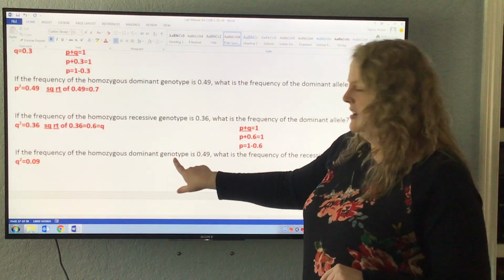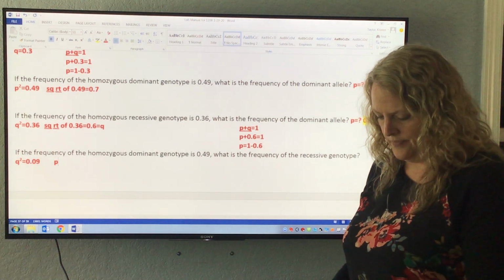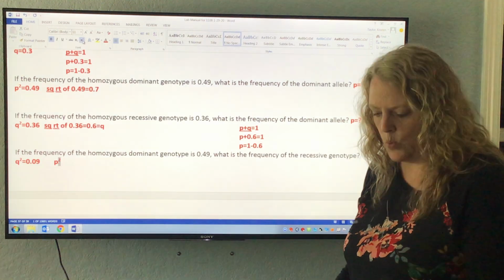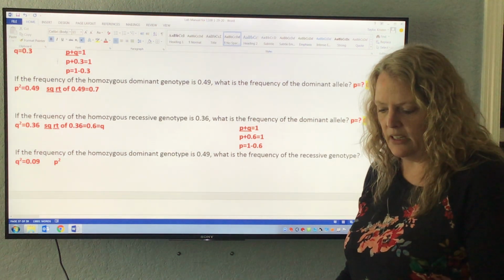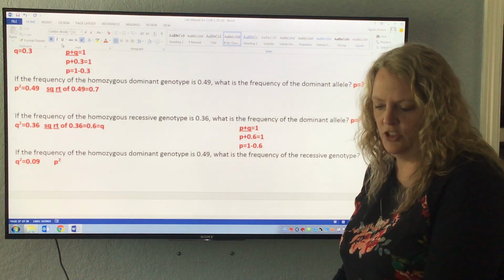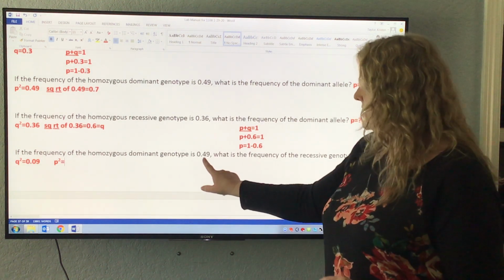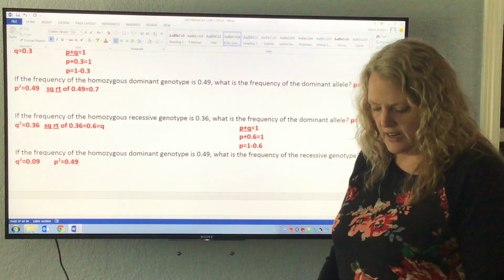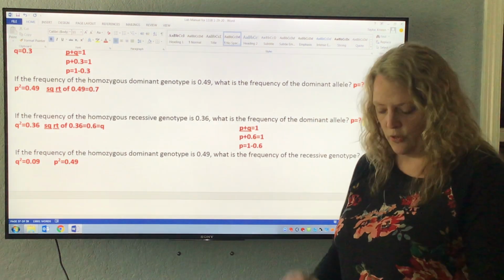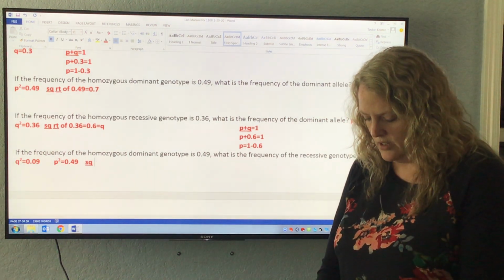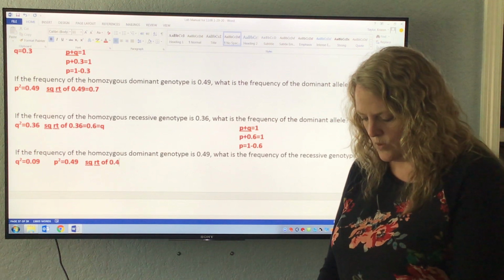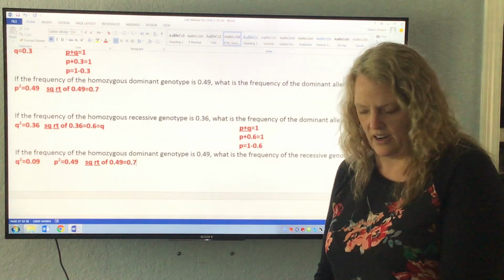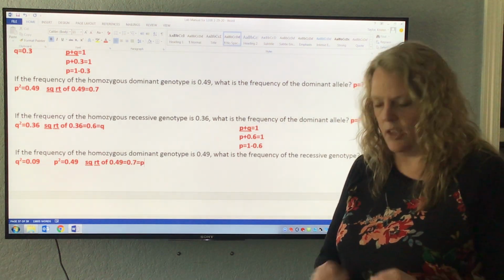We are given P squared, the frequency of the homozygous dominant genotype, and that's given to you as 0.49. The next step is to find the square root. The square root of 0.49 is equal to 0.7. That answer is my P value.